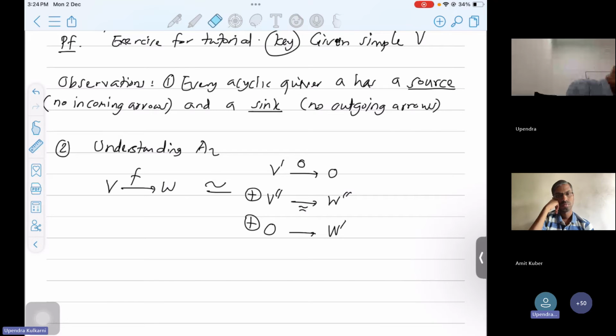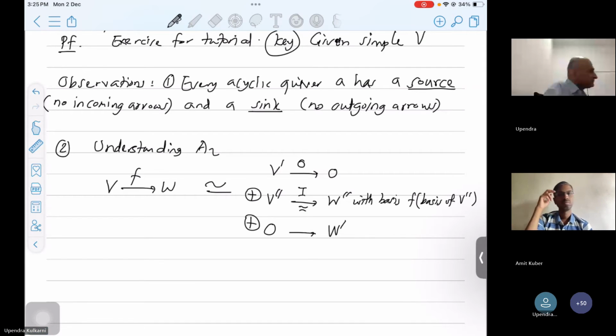So I can change the basis of W double prime to be F of whatever basis I took of V double prime. And if that is the case, the matrix of F with respect to that basis simply becomes the identity matrix. You see? Just think about it for a moment.